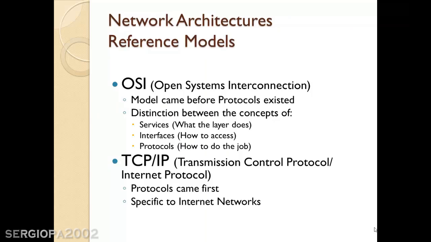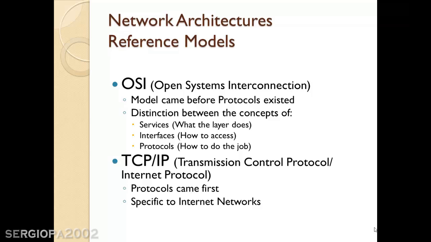Now, there are two different network architectures or reference models in networking. The most used ones are the OSI and the TCP/IP. The OSI is called the Open System Interconnection, a reference model that was created many decades ago. It was the first one created.